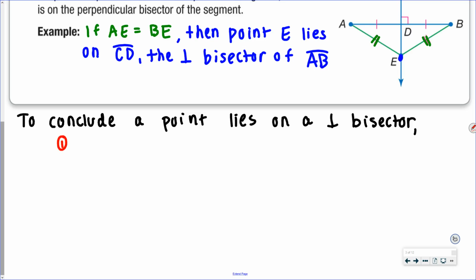One, you have to show that the segments are perpendicular to each other, meaning they form 90-degree angles. So there'll be some marking showing you that they are perpendicular to each other. The second thing you have to show depends on if you're going to use the converse or the original theorem. If you're going to use the original, you have to show that it bisects the segment, or you could say intersects at midpoint.